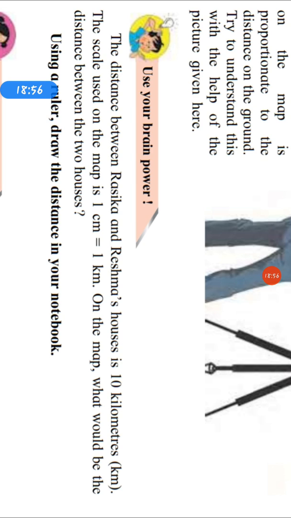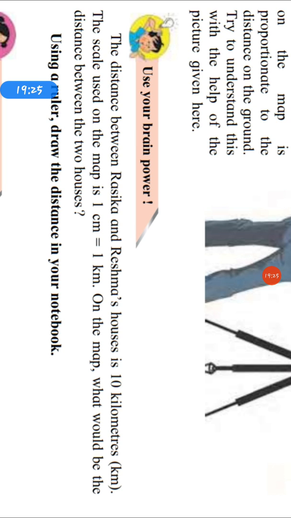Suppose the distance between the two houses, here given Rasika and Reshma, is 10 kilometers. So the scale used here is 1 centimeter is equal to 1 kilometer. Then the distance of 1 centimeter is maintained between the two houses on the map.